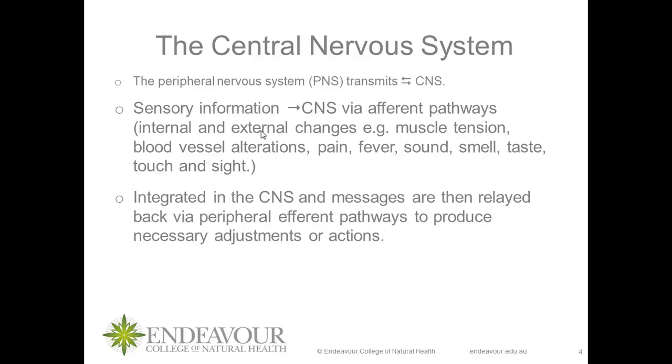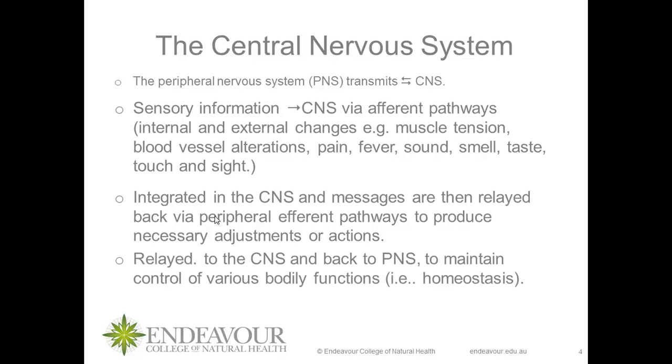Okay, so the CNS integrates. It then relays. So therefore, signals will go back out to the peripheral nervous system in efferent pathways, generally motor neurons, but it might be an autonomic neuron, and this will produce necessary adjustments of actions or produce an action in the body.